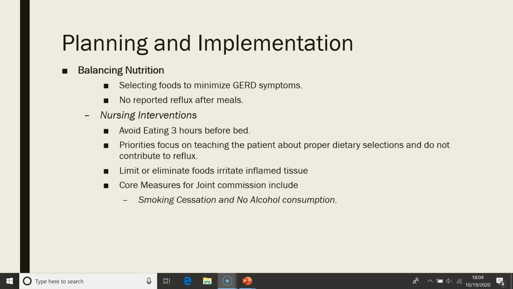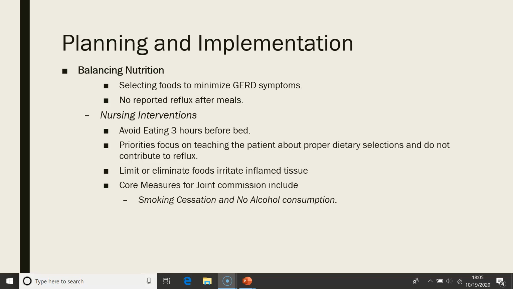So that's just something to keep in mind. When we focus our teaching, the priority is teaching the patient about proper dietary selections and what does not contribute to reflux. A lot of times it can be very individualized, so these people will often keep a food diary to see what caused the reflux and what did not. They're also going to limit or eliminate foods that irritate the inflamed tissues.